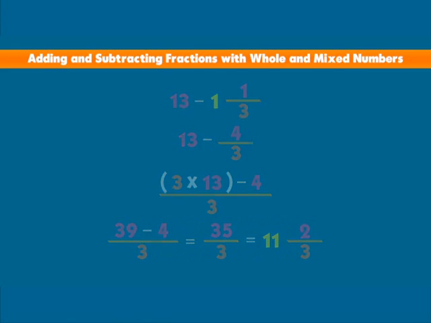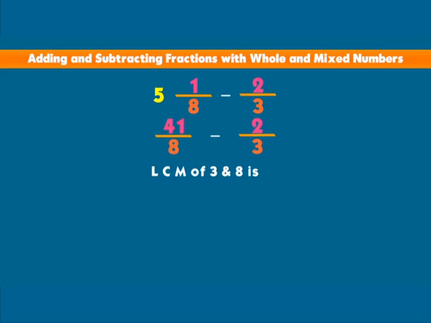Another example, 5 and 1 over 8 minus 2 over 3. Converting the first number to an improper fraction, we have 5 and 1 over 8 equals 41 over 8. The problem becomes 41 over 8 minus 2 over 3. The LCM of 3 and 8 is 24.